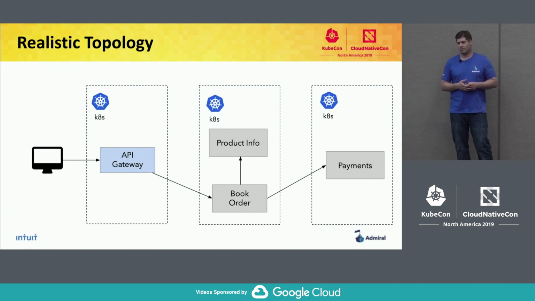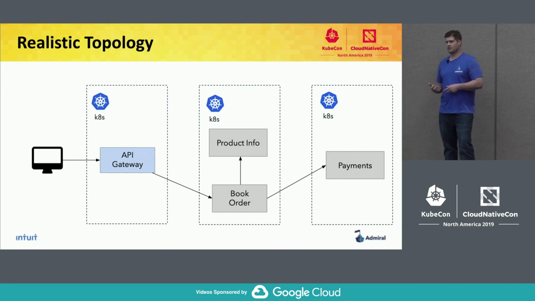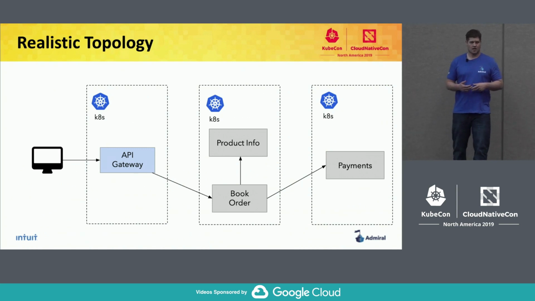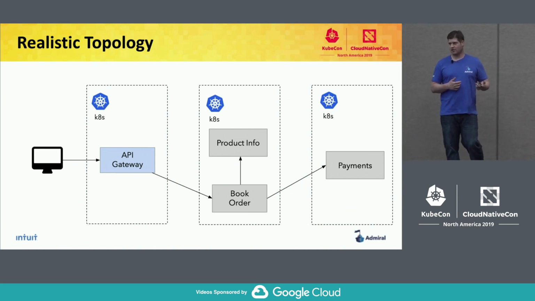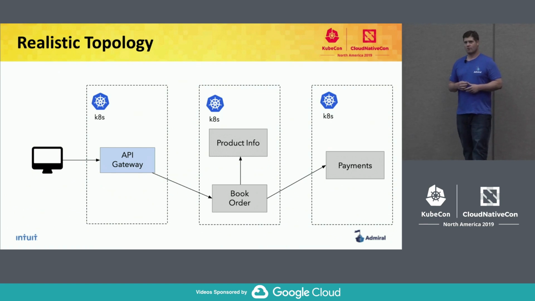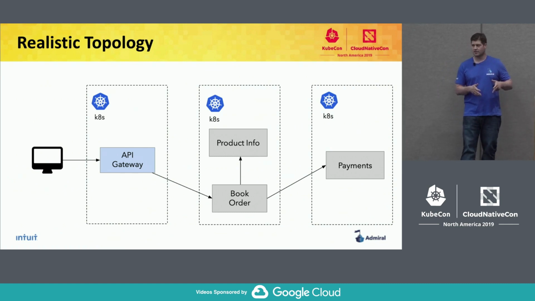If we take our toy problem that we started with and overlay it onto a more realistic topology, we end up with something that looks like this, where we have 3 clusters hosting these different services. We've isolated our API gateway into one cluster.